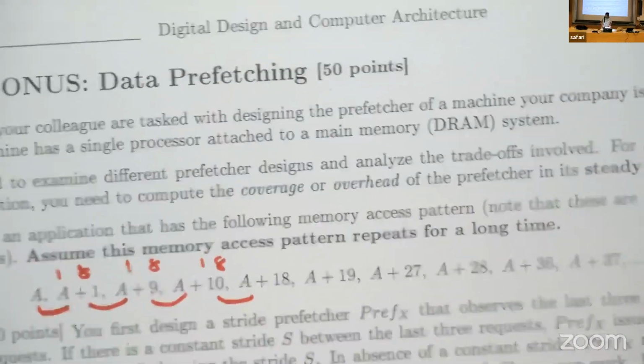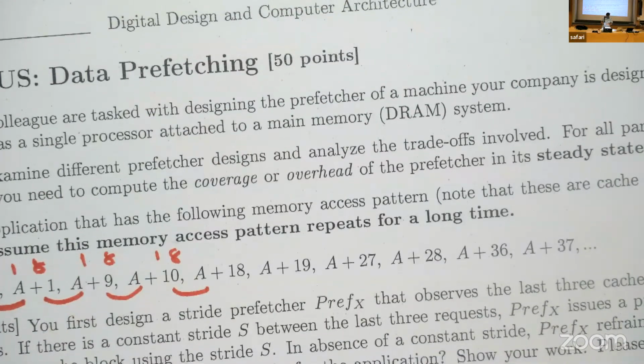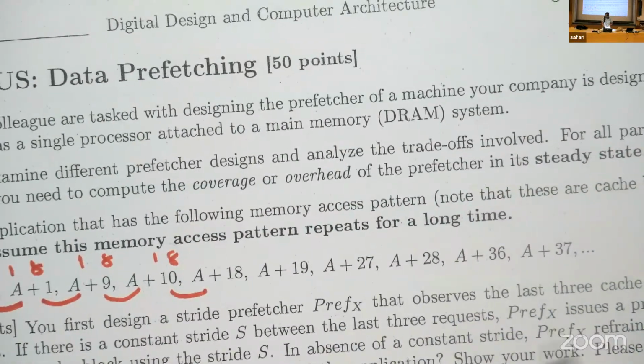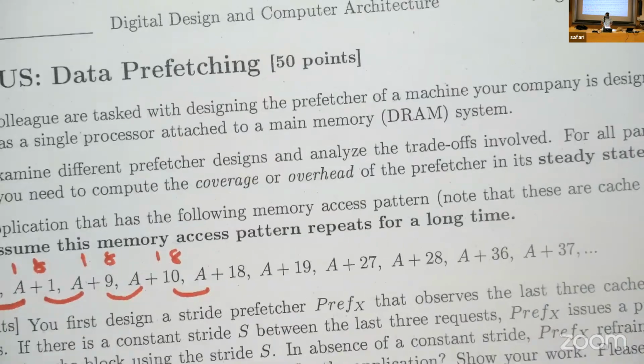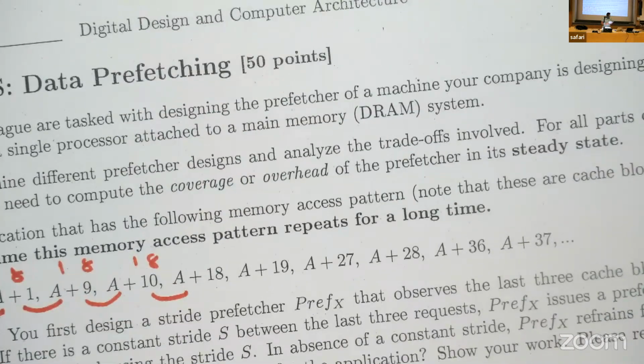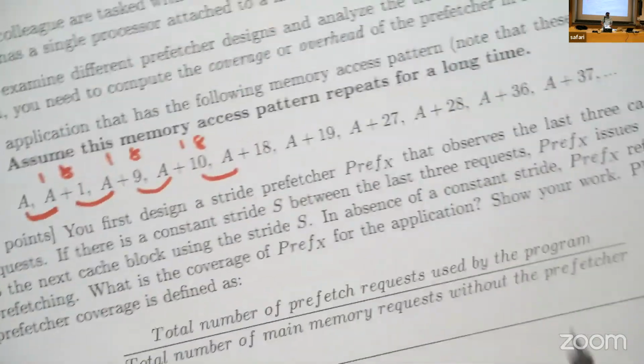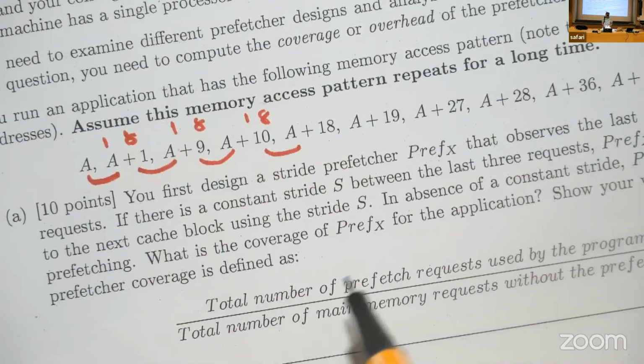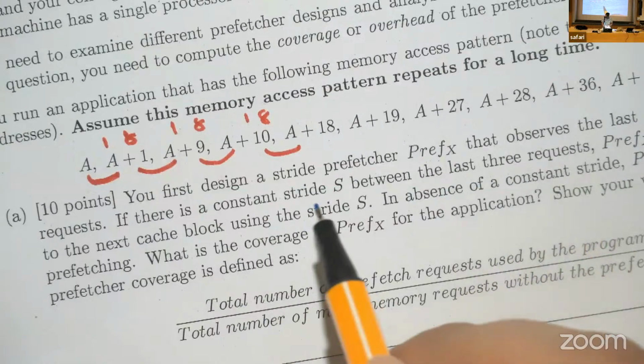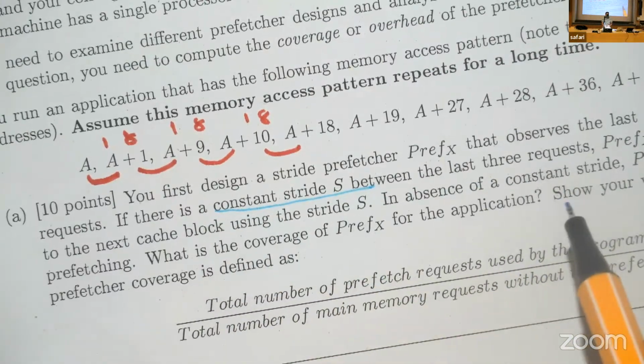So you design a stride prefetcher that observes the last three cache block requests and tries to find a constant stride between those accesses, right?